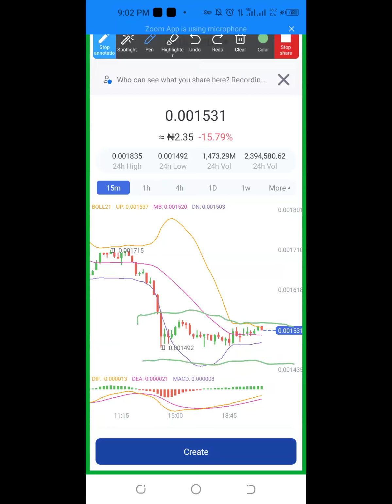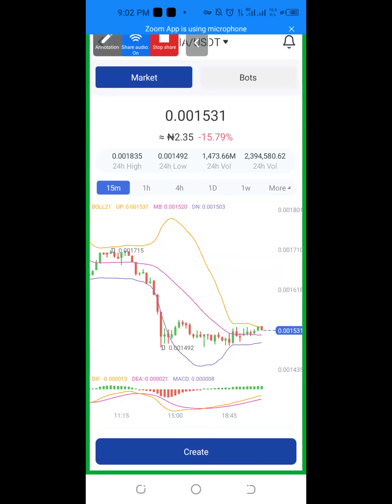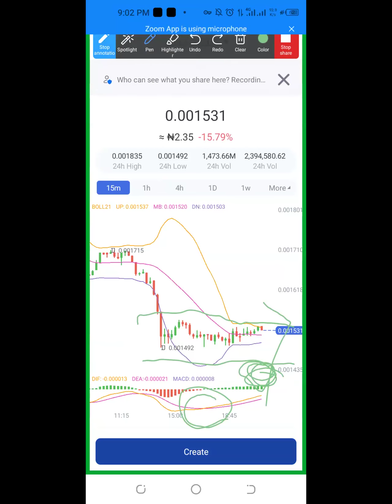It has done a golden cross, but the golden cross is not strong. If I want to enter this coin, I would rather place my order so that if this coin does a golden cross above, that's when I will enter. Let me just use this one as an example, because the golden cross is very weak.